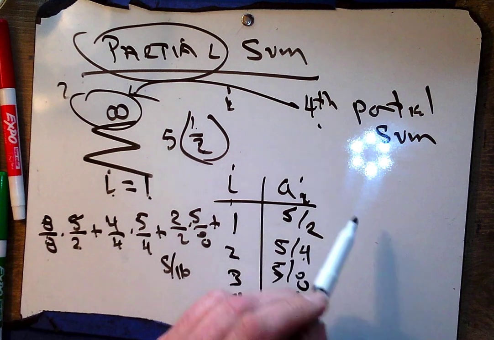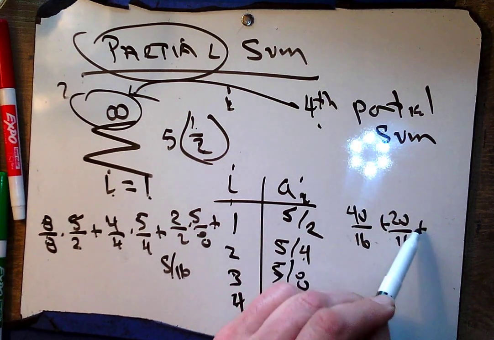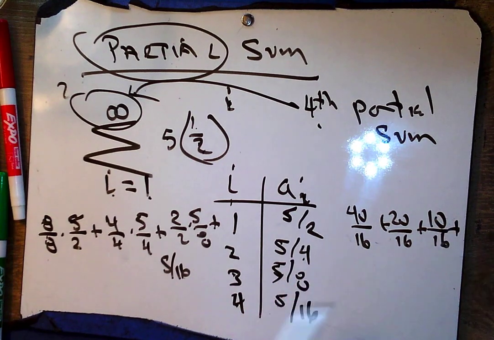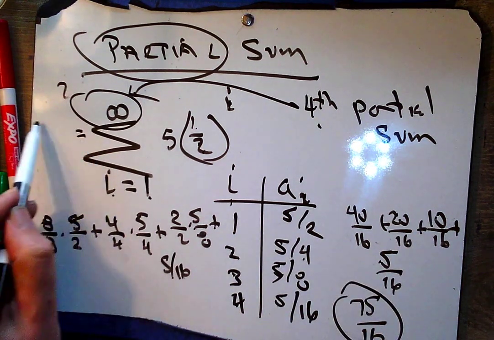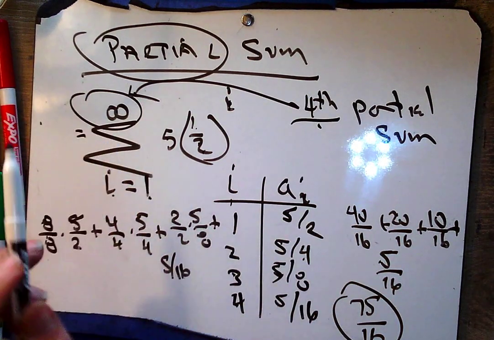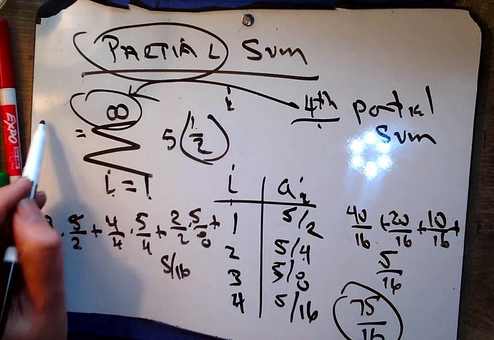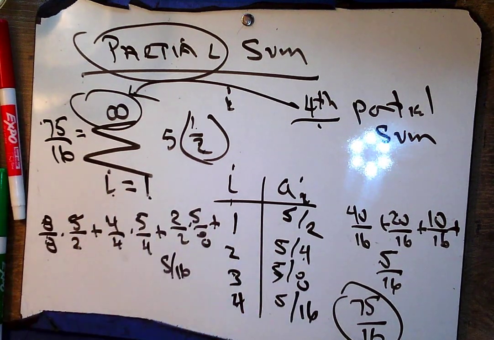So this is going to be 40/16, plus 20/16, plus 10/16, plus 5/16. 60, 70, 75/16 is my answer. The fourth partial sum of this infinite series is 75/16. Okay?